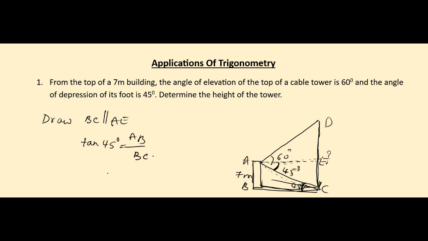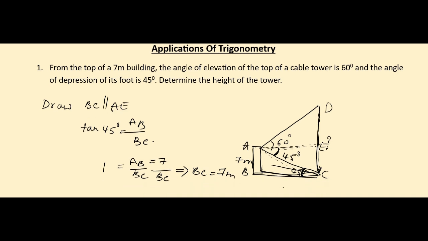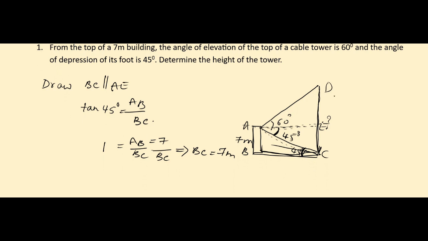So tan 45 degrees, whose value is 1, is equal to AB, which they have given as 7, divided by BC. So it implies BC is equal to 7. So the distance between the cable tower and the building is 7 meters.